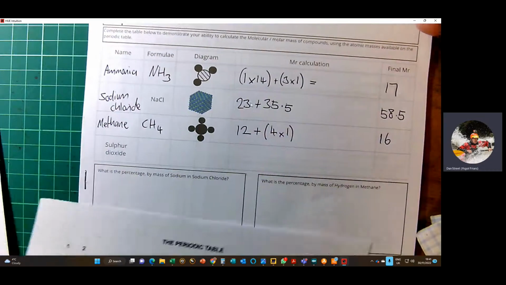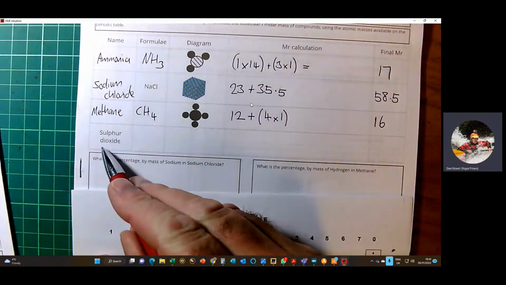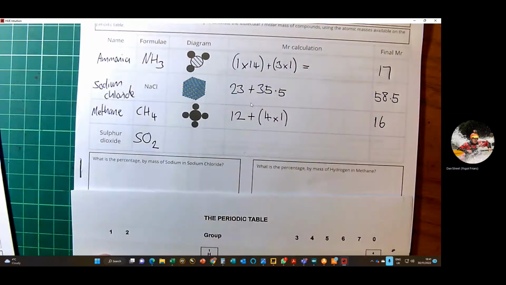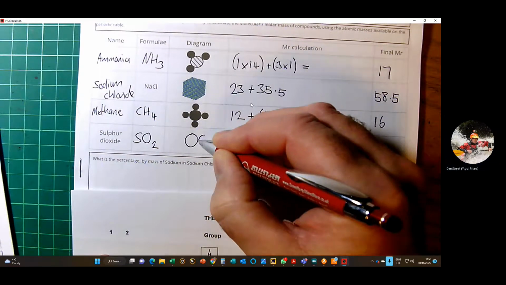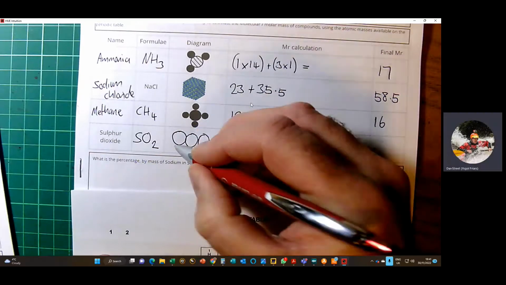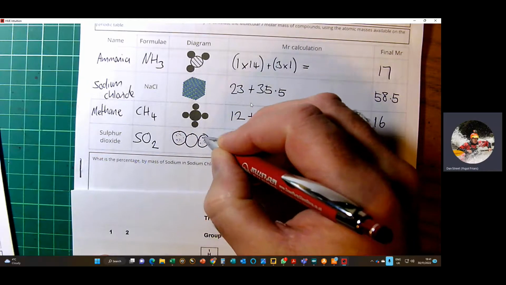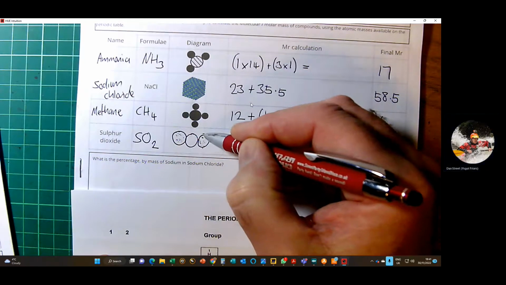And then finally, sulfur dioxide. So from the name sulfur dioxide, we can probably work out it's SO2. And then we could use 3 circles. And for the benefit of this task, it doesn't really matter how you differentiate them, because neither oxygen nor sulfur appear in any of the previous models.